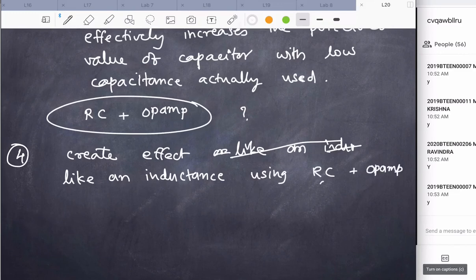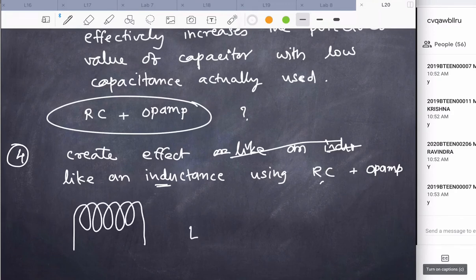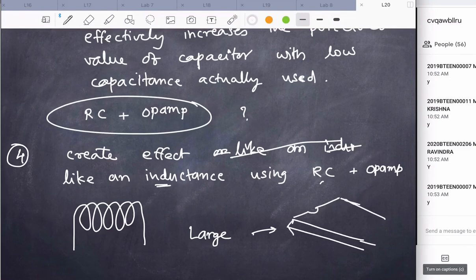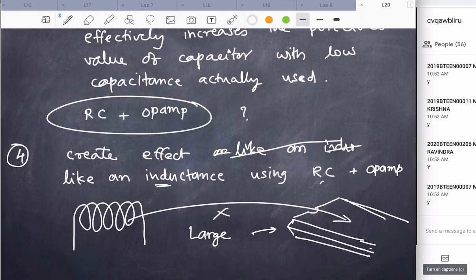So, RC and op amp connected in a particular way can work like an inductance. As we all know, inductance is a coil, and if you need large inductance, the coil will be large, and you cannot put this large coil inside the IC. So, inductance inside the IC is not the solution. Are you getting the point?